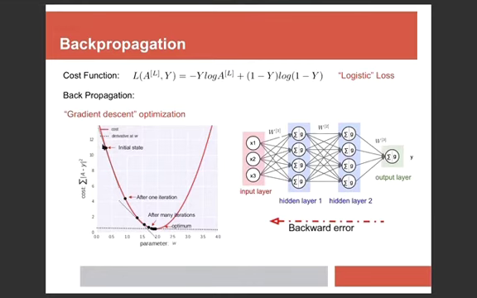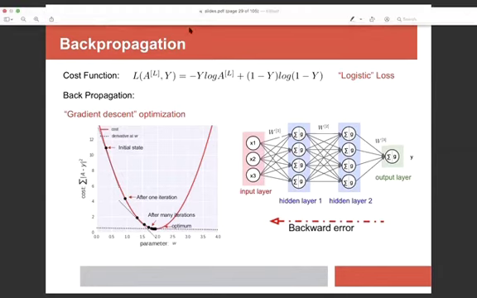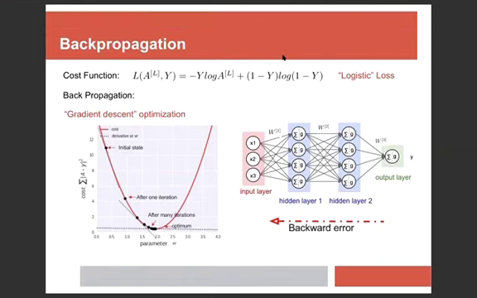Maybe at the initial step we have a very large cost, and during each iteration the weight will update along the slope or the gradient of this curve, to make the cost descend. So after many iterations, finally we can reach the optimum point, and the gradient descent will stop at this lowest point.